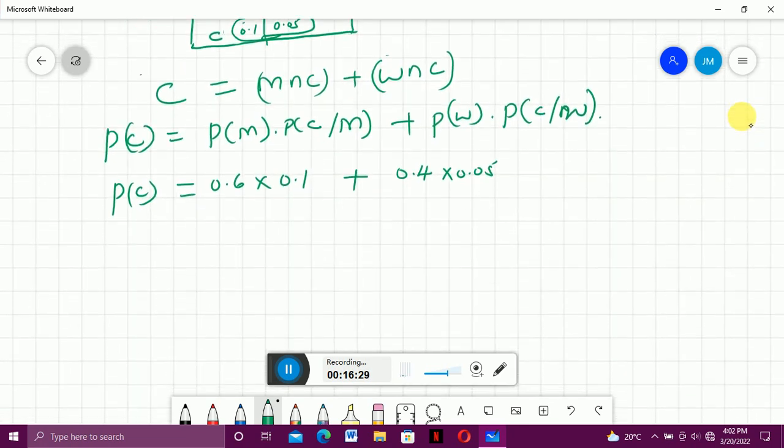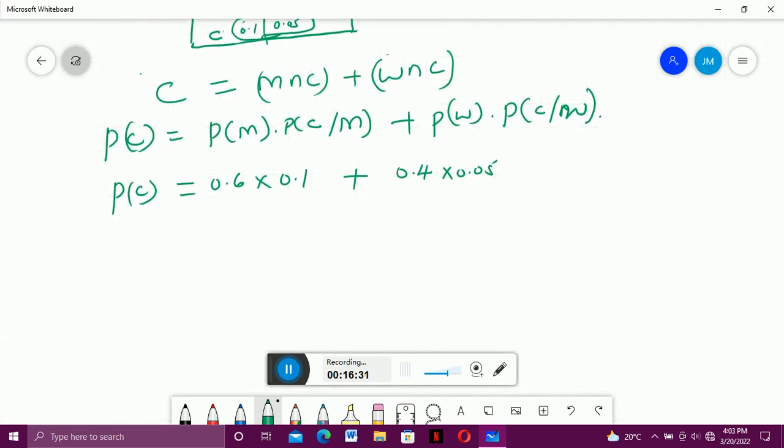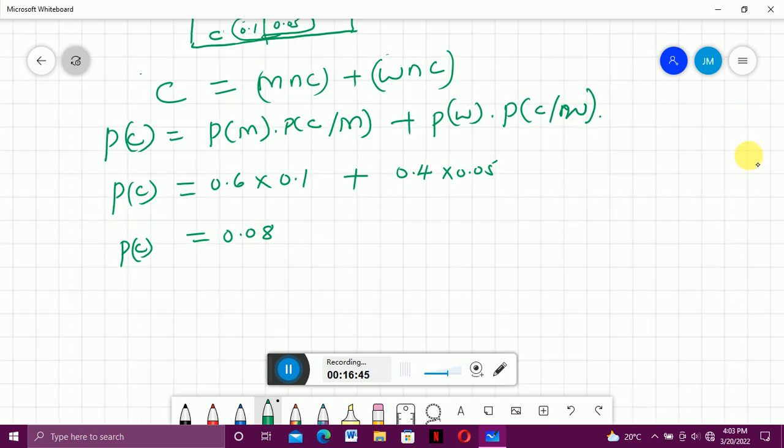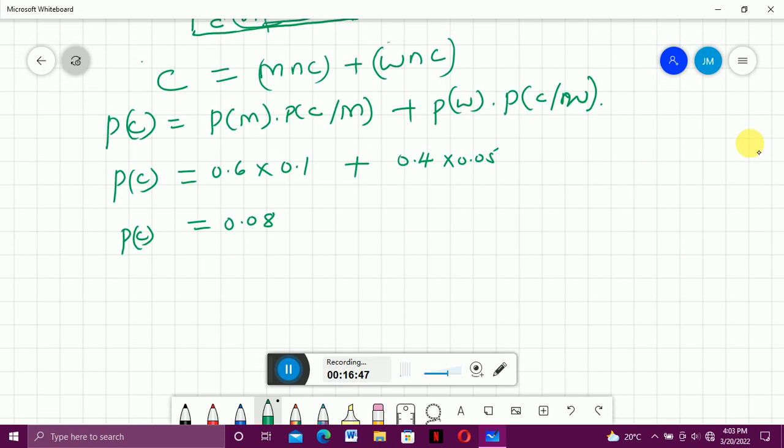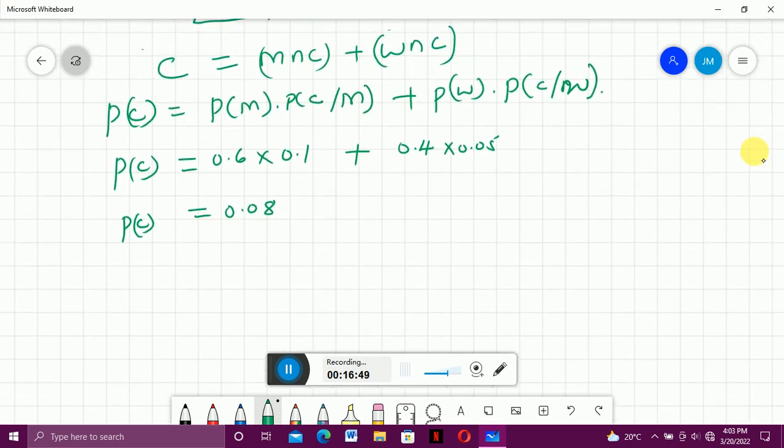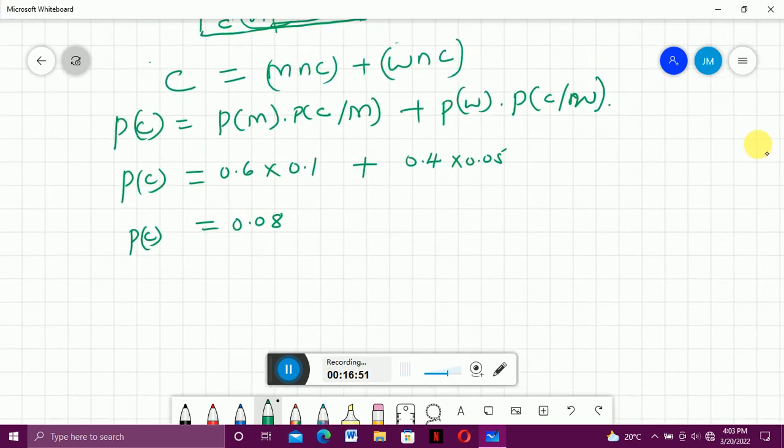Putting that together, if a person is selected at random, the probability that they are colorblind is 0.08. So that is how we apply the law of total probability in solving problems.